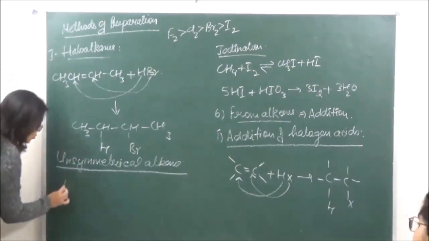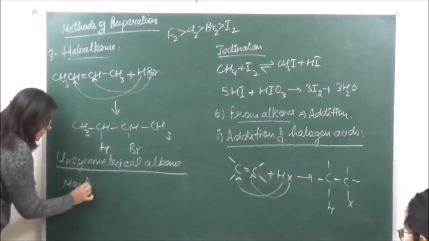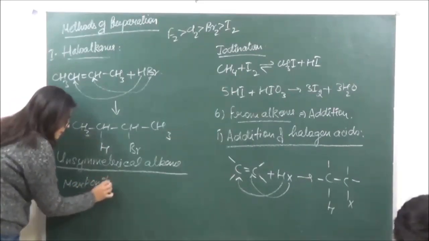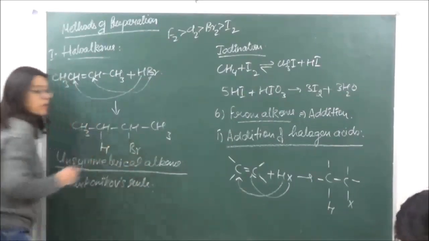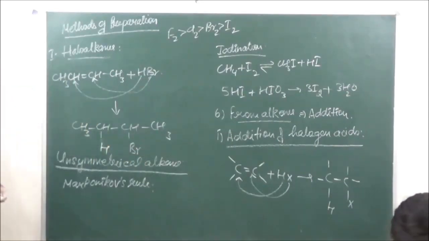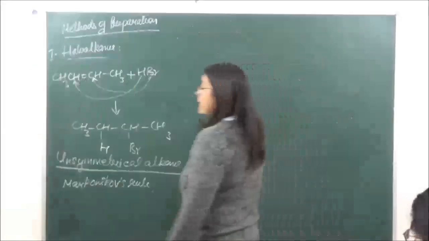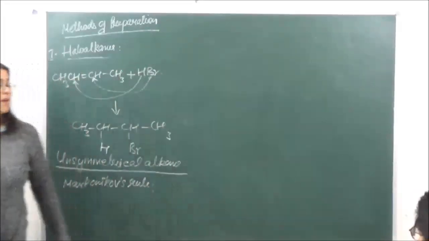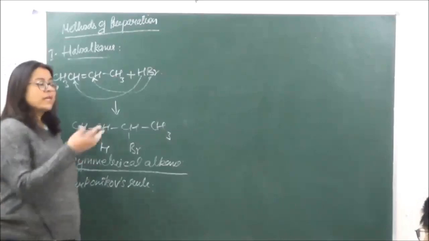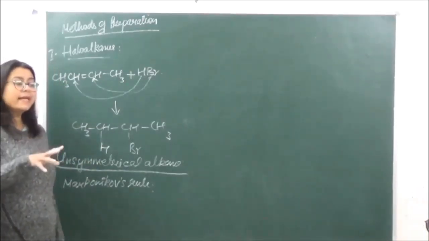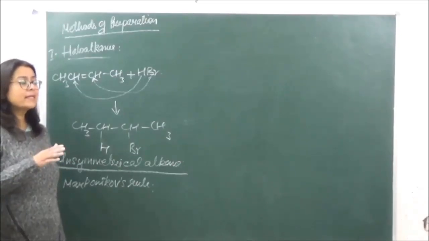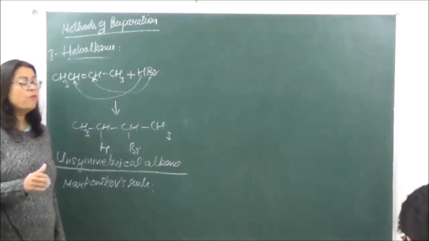Okay? So what does this rule state? Markovnikov's rule states that whenever addition of halogen acids takes place along unsymmetrical alkenes, then the negative part will go and attack at the carbon atom with lesser number of hydrogens.